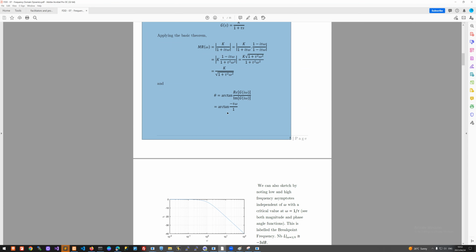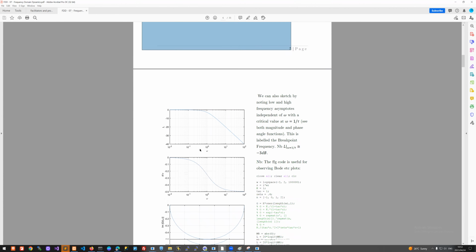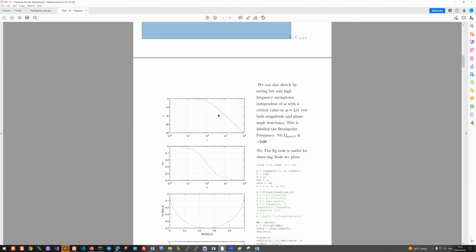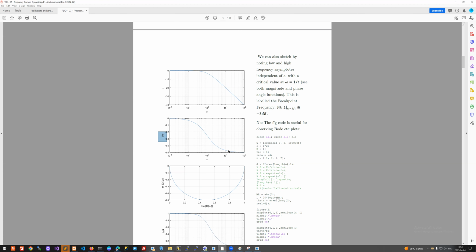And clearly at 0, arctan of that is 0. At infinity, arctan is minus 90. So those are the two graphs that we got here. We said 0 and minus 90. In this case, I'm doing it in terms of pi. So 90 degrees is, of course, pi over 2. So this is minus pi over 2 or minus 90 degrees. That's how your angle changes there.